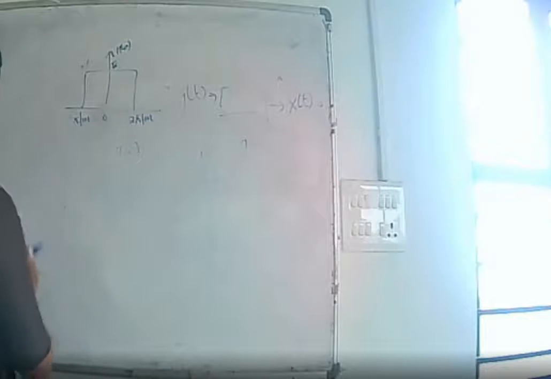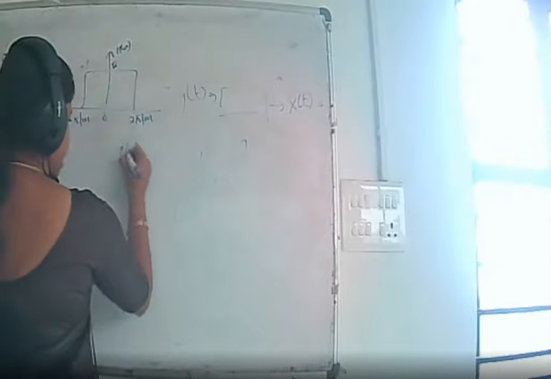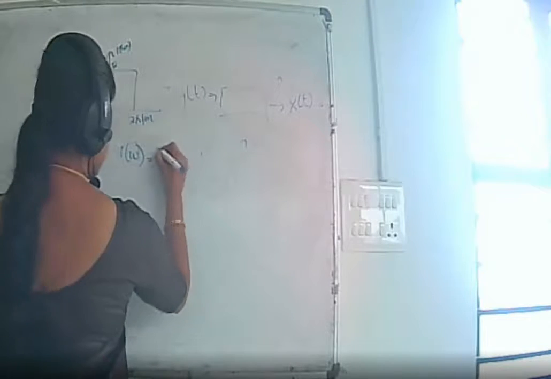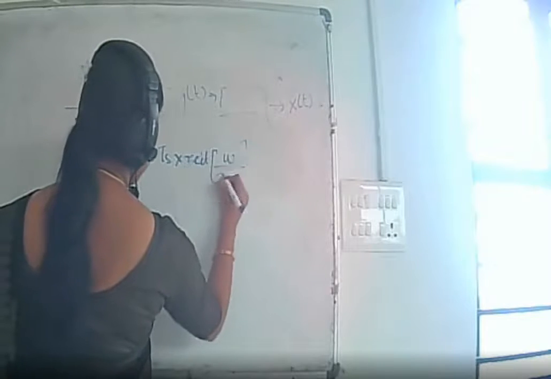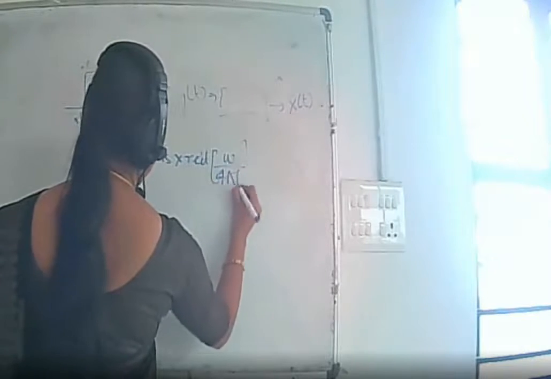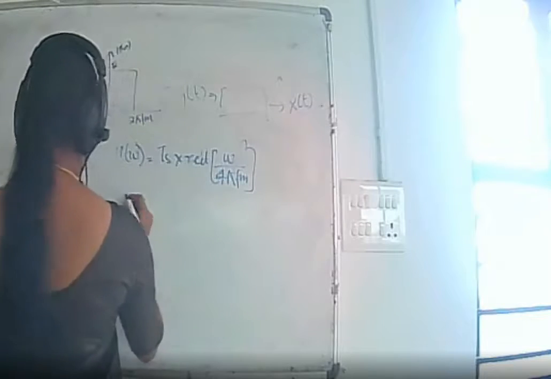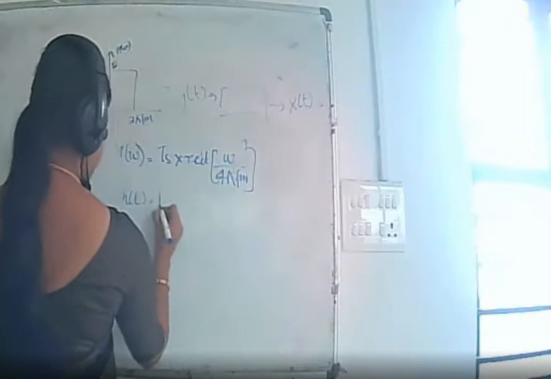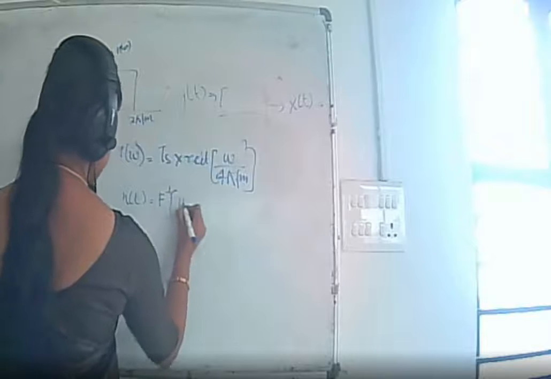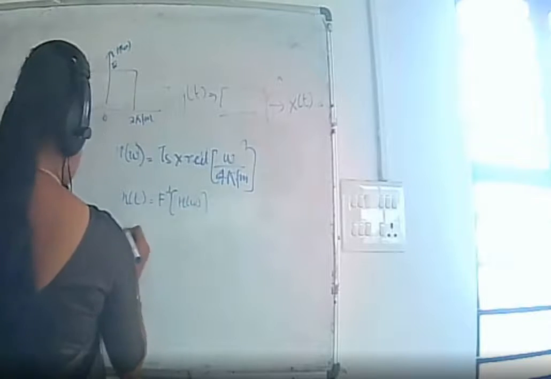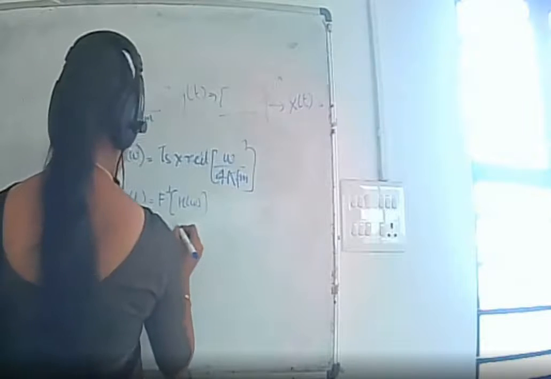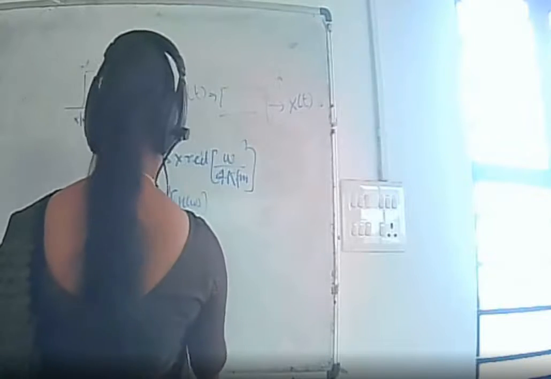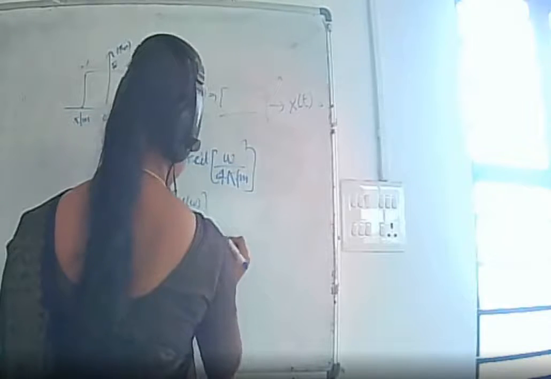Once again, H of omega is nothing but Ts into rect of omega by 4 pi fm. Here h of t is the Fourier inverse of this H of omega, which is nothing but 2 fm Ts sinc of 2 pi fm t.